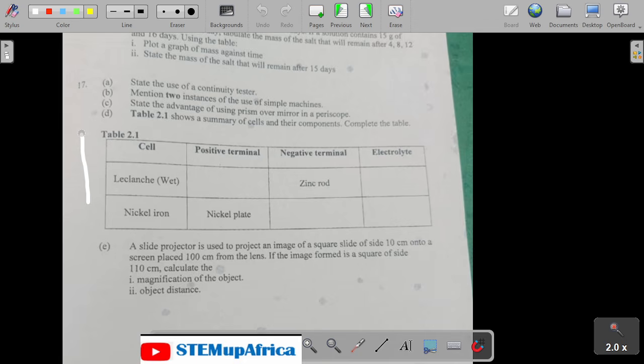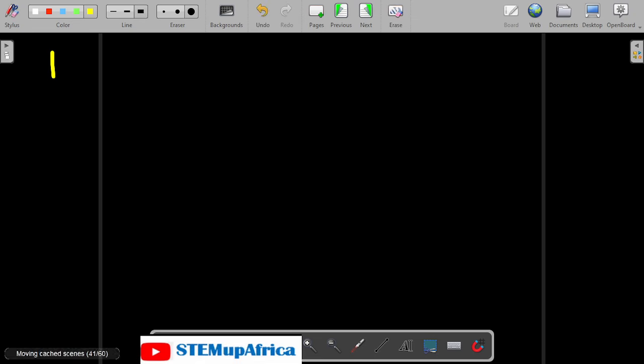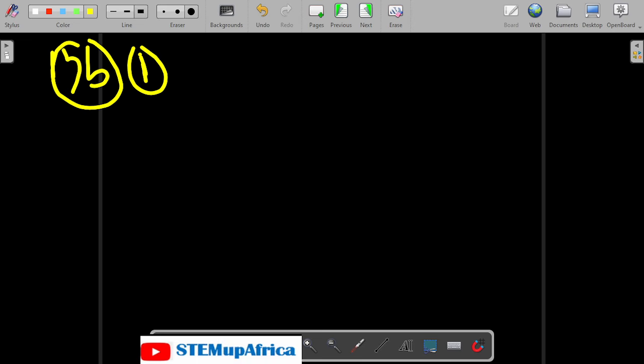Then let's look at 17B. It says mention two instances of a use of a simple machine.